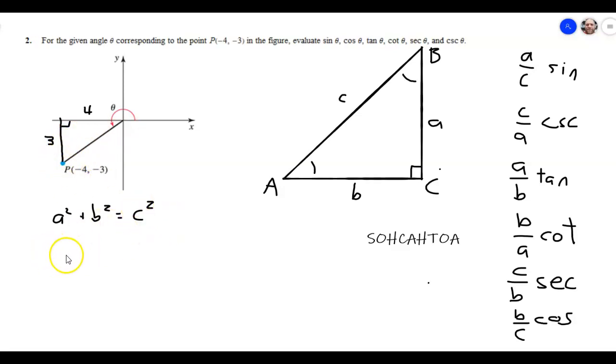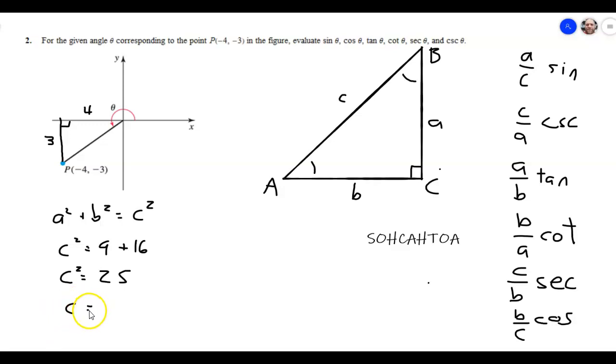We're solving for c in this case, so c squared is equal to a squared, we'll call that 3, so that's 9, plus b squared, we'll call that 4, so that's 16. So c squared is equal to 25, and then we take the square root of both sides.